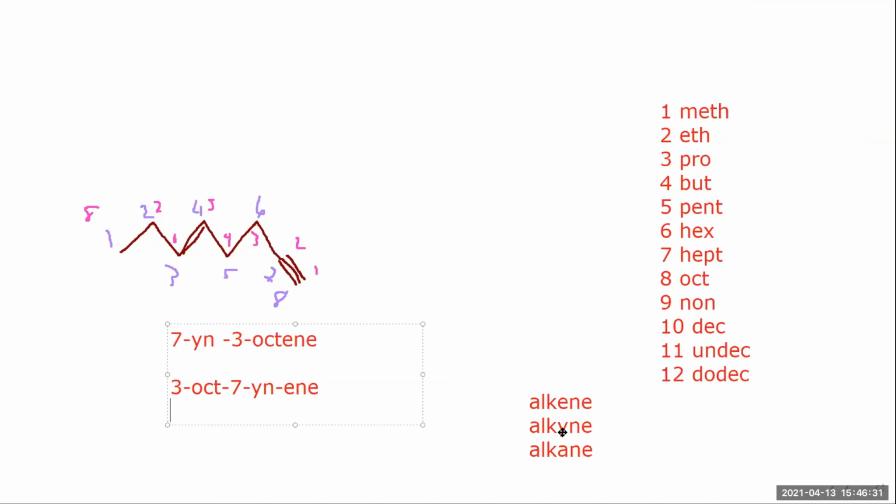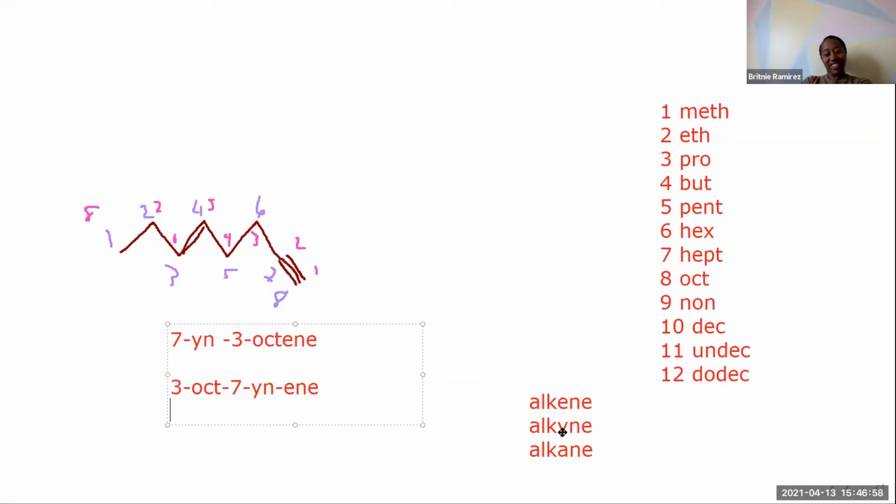Oh, okay. That second way to write it just looks strange. Makes sense to me, because the first one to come up is 3 in the oct, and then 7 is a yne, but you have to end it with ene. That makes sense, but it's just strange that they separated the word to throw it in.